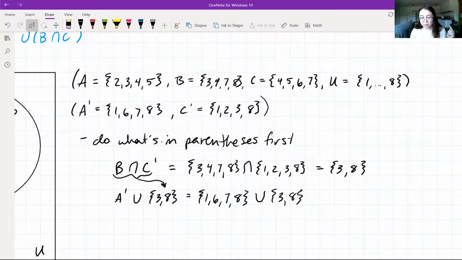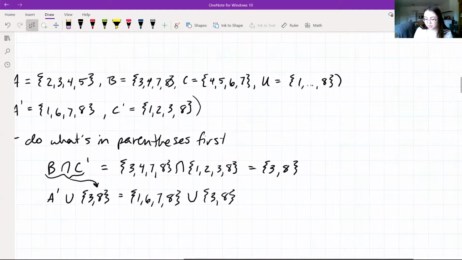So we see here that 1 is in A prime, but not in our set of 3 and 8. 6 is not in our set of 3 and 8, but in A prime. 7 is in A prime, but not in the set of 3 and 8. But 8 is also in the set of 3 and 8. So we don't have to write 8 twice, but now we have every other value. And we see that 3 is in the set of 3, 8, and not in the set of A prime.